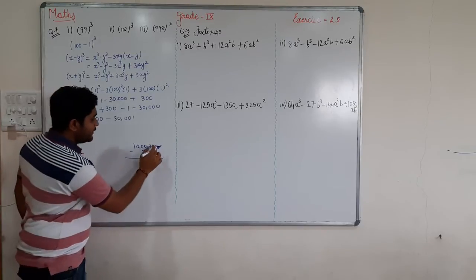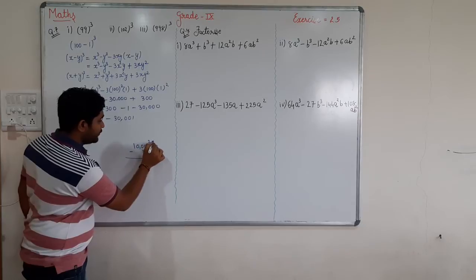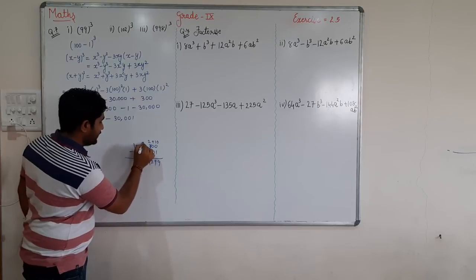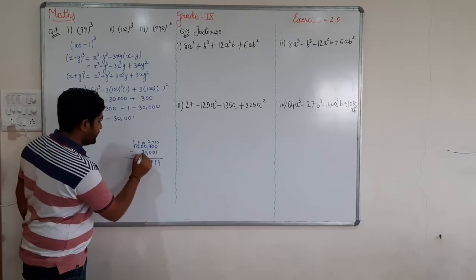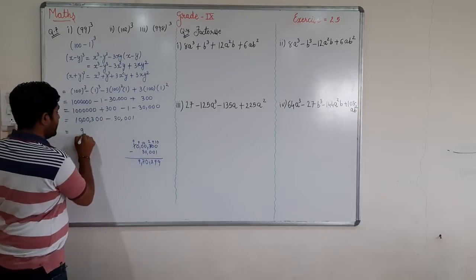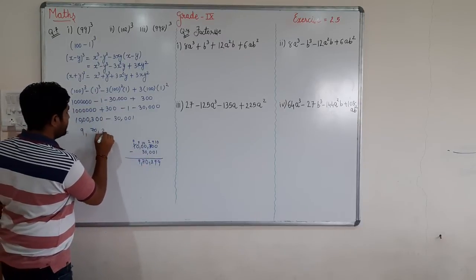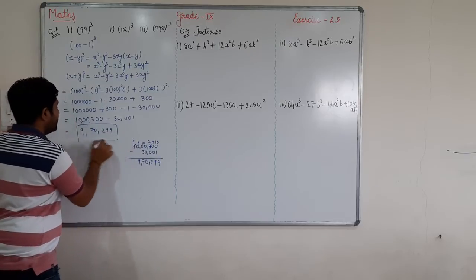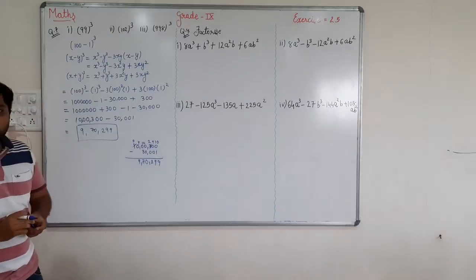Here the 0 is there, so we borrow from here: 2, 9, 10. 10 minus 1 is 9. 9, 2, 0. Here 10, 9, 0. 10 minus 3 is 7, and 9. So the answer will be 970,299. So this is our answer. This way we can find the cube of the following number.